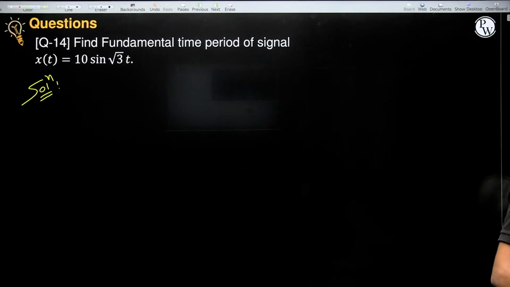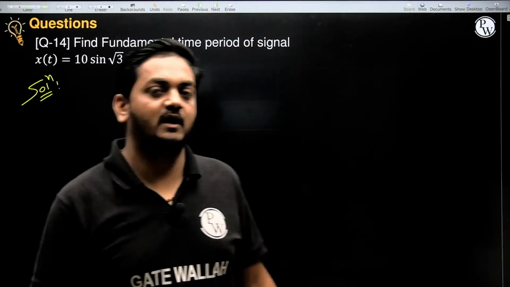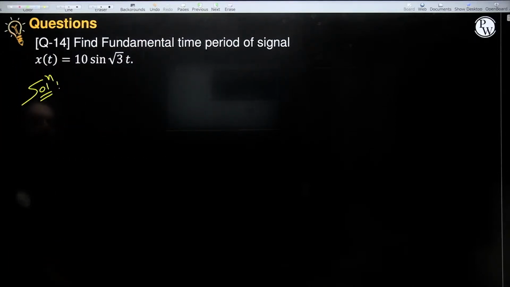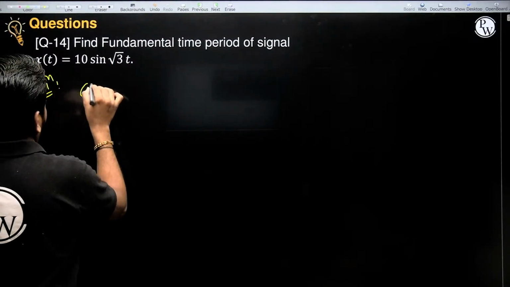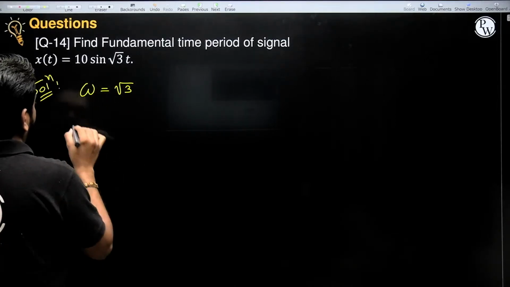Periodic. If it is periodic, tell me the fundamental time period. Omega is equal to root 3.